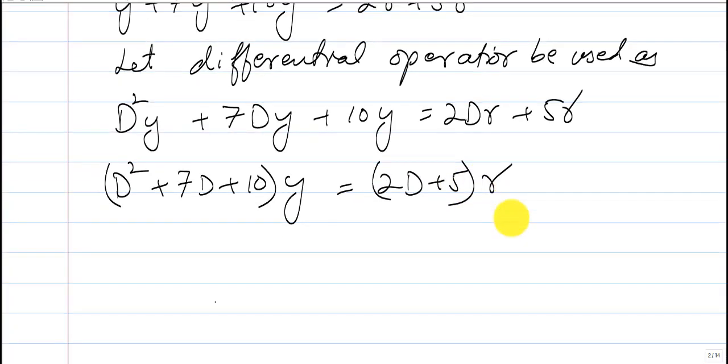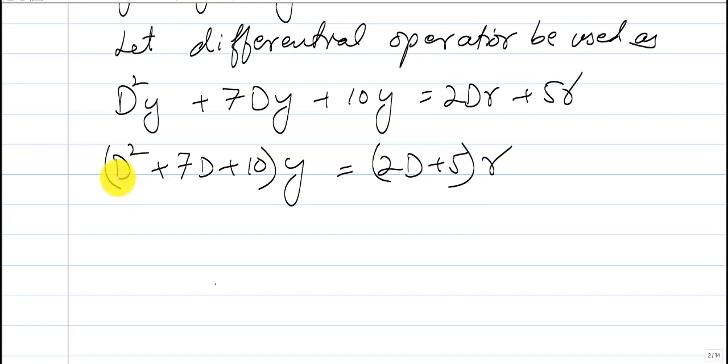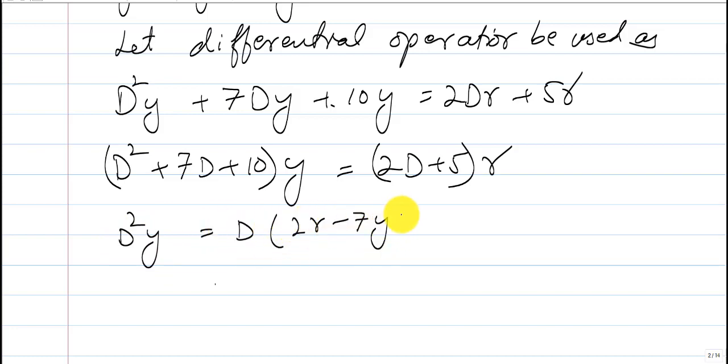Now we will leave the highest order term on one side and take all the other terms to the other side. So that will be D²y equals D times (2r minus 7y) plus (5r minus 10y).